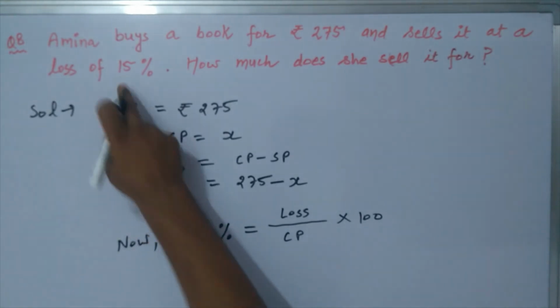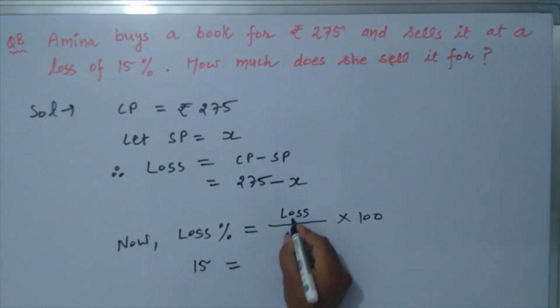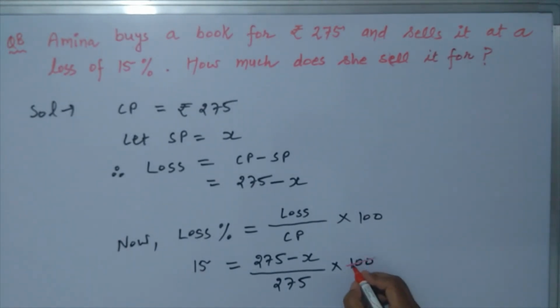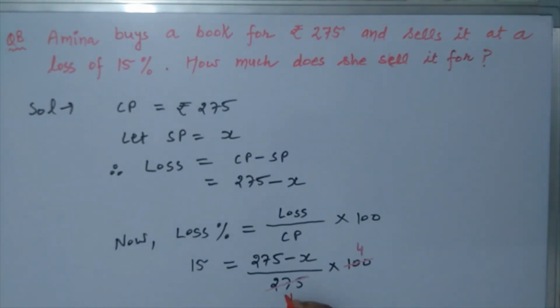We substitute the values now. Loss percent is 15. This is given. Loss is 275 minus X. Divide cost price is 275 into 100. Here we can cancel the numbers. 25 into 4, 100. 25 ones are 25. 2 is left, 2, 5. Again 25. 25 ones are 25.